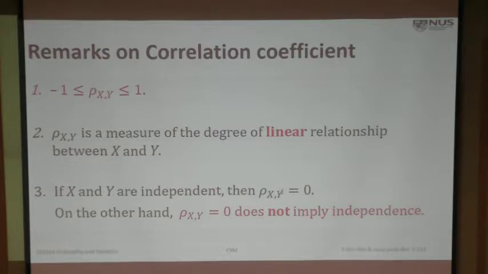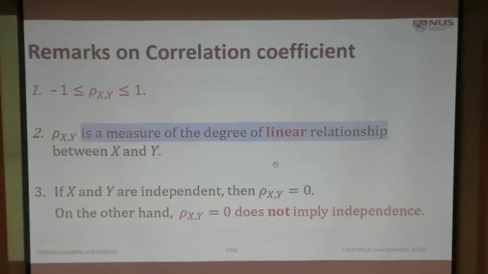However, independent random variables have 0 correlation, or are uncorrelated, but uncorrelated random variables are not necessarily independent. Why is that? Basically, this is a measure of linear relationship. If X goes up and Y goes up and the correlation coefficient is positive, then that's linear.